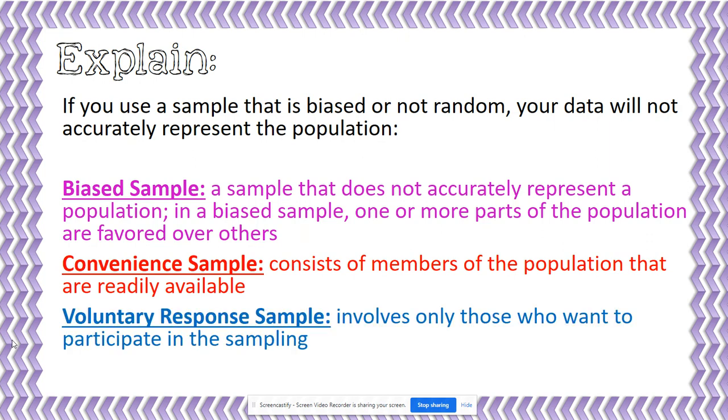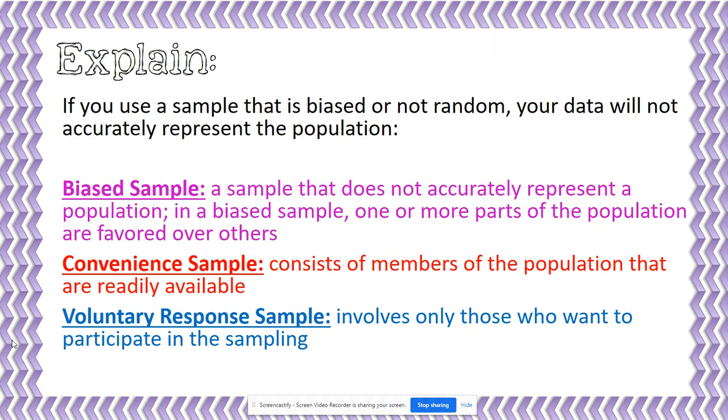Another bad sample to use would be called a voluntary response sample. In this sample, we take a survey of people who want to participate. An example of this is you give people a survey and ask them to mail it back to you. Or you pose a question to people and you ask them to call in and give their answer.